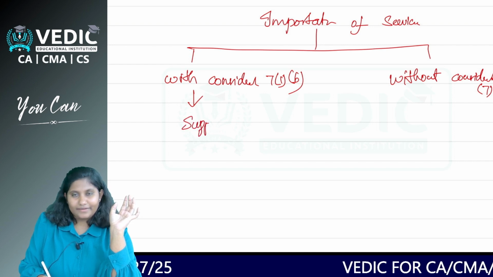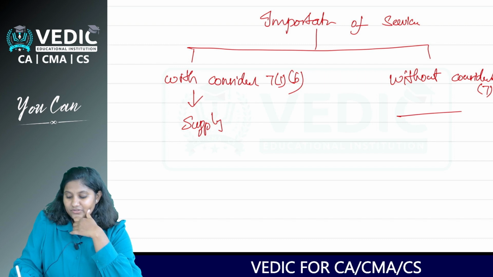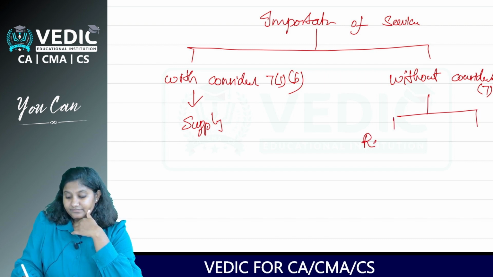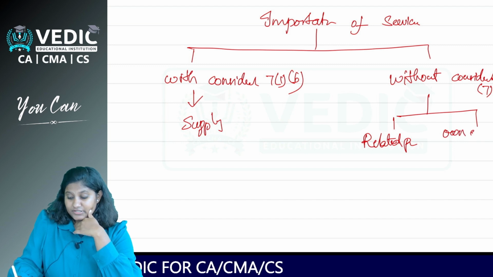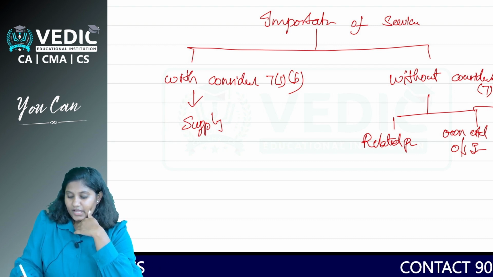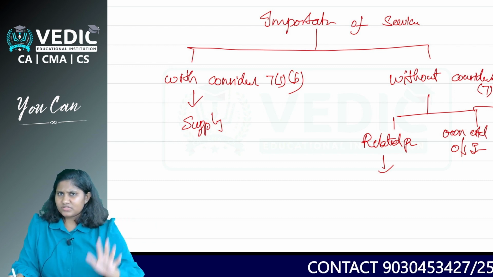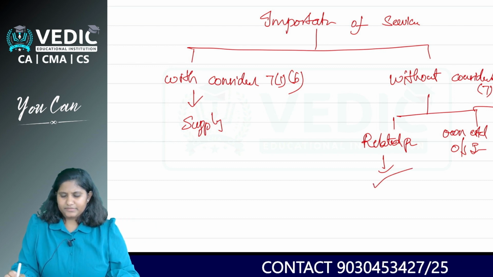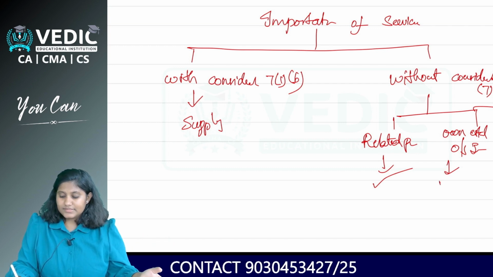Then it is a direct supply. But if it is without consideration, I need to check whether it is from a related person, or my own establishment outside India, or from any other person. If it is from my related person, even with no consideration, in the course or furtherance of business, it is a supply. If it is my own establishment, in the course or furtherance of business, supply.